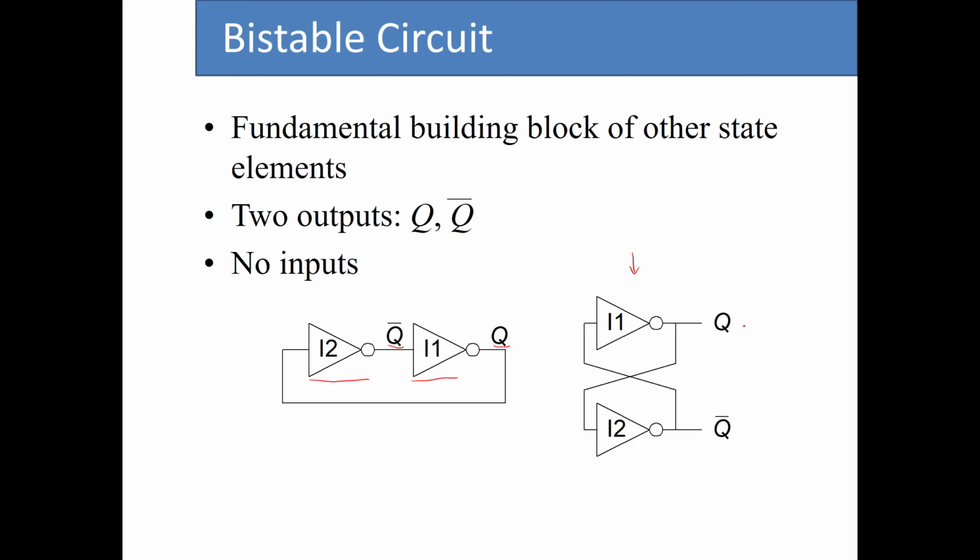Its output is creating Q, and then that output is connected as the input to I2, which creates Q bar, and the output of I2 serves as the input for I1. As you can see, we don't have any inputs for this circuit.